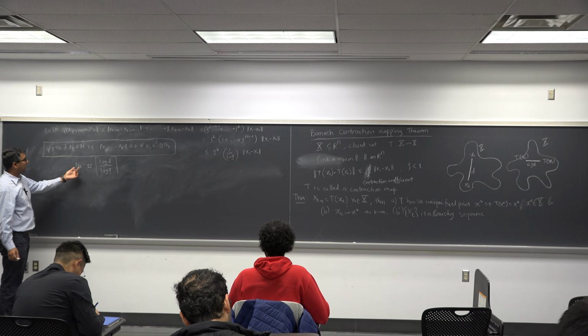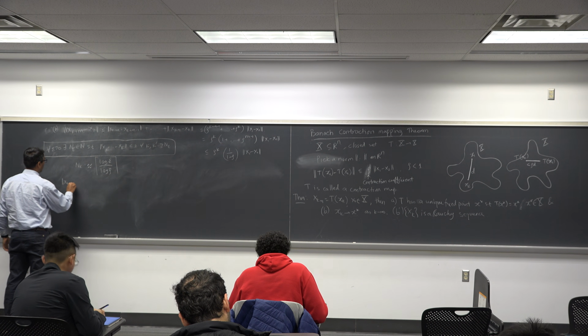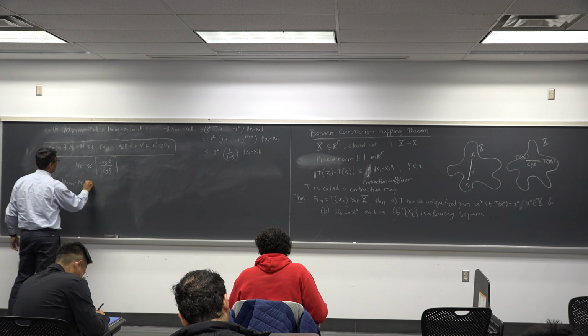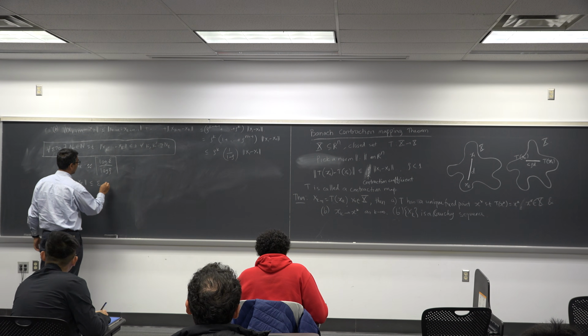So roughly after this n epsilon, I'm going to see that xk plus m minus xk is less than or equal to epsilon times some constant.